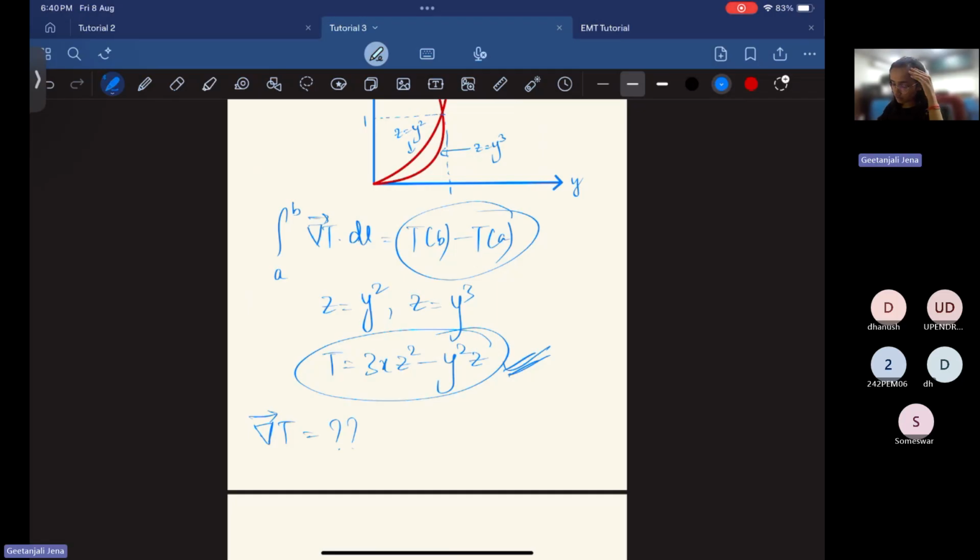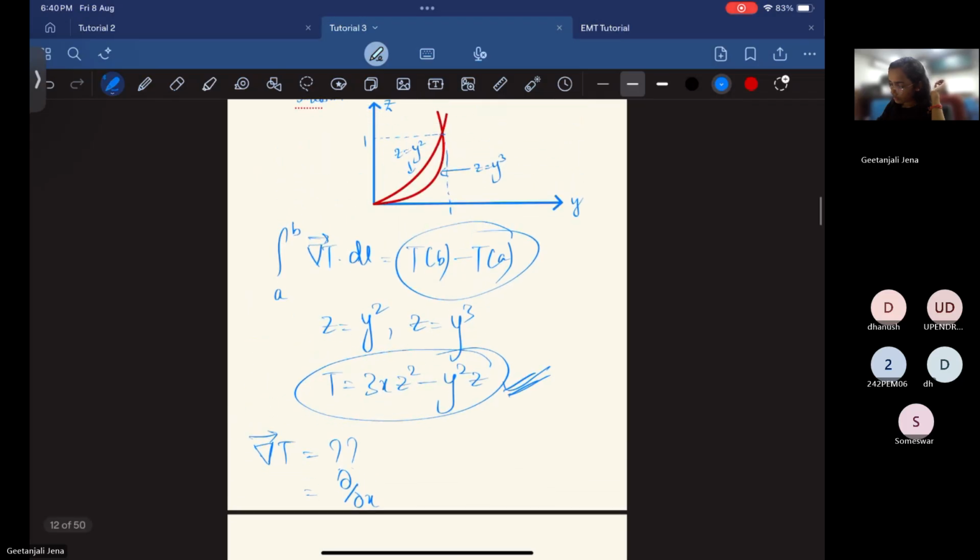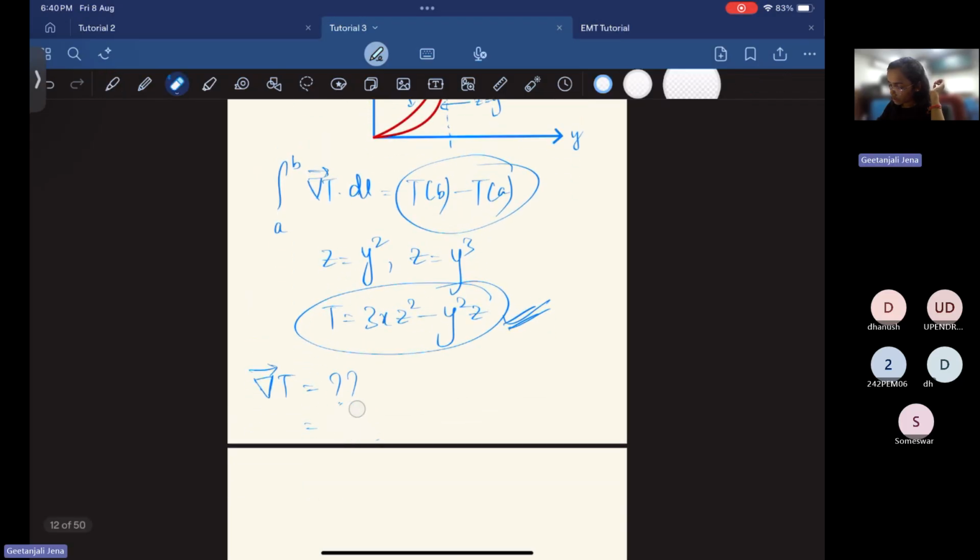This will be dou by dou x. Okay, so I'm just writing the answer. This will give 3z square x cap plus minus 2yz y cap plus 6xz y square z.